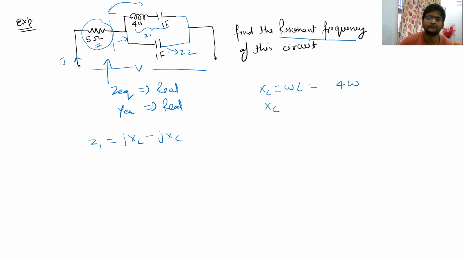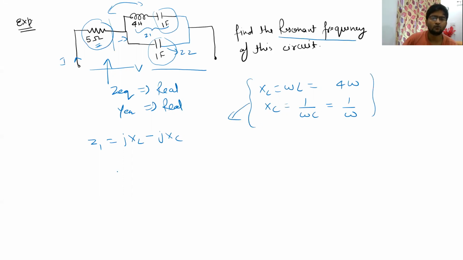And XC, since both these capacitors are of the same value, I am calling them both XC. So it is 1 upon omega C, which is equal to 1 by omega, right? So I am going to put these two things in our calculations. Here I can directly write it as j 4 omega minus j upon omega. This is our Z1, right?